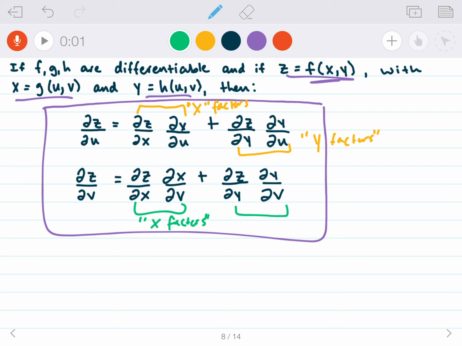And these guys are my y factors. Okay, and again, we can informally think of these as quote-unquote canceling out to get the dz dv that we wanted. That helps me out to think about it like that, so if it helps you remember it, fine, think about it like that.